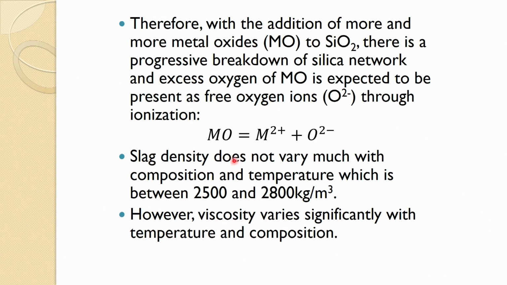Slag density does not vary much with composition and temperature, and is between 2500 and 2800 kg per meter cube. However, viscosity varies significantly with temperature and composition.